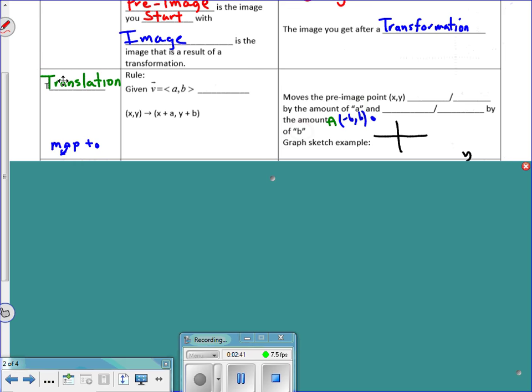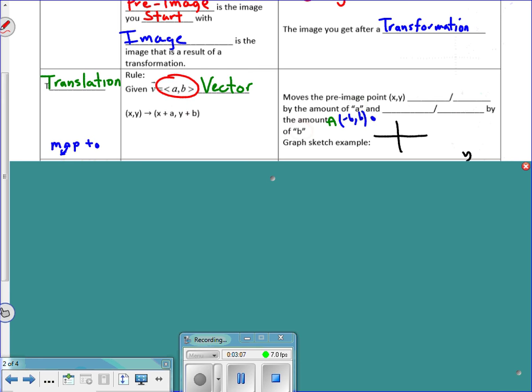Translation. So basically, this thing here is called a vector. You're going to be given a lowercase letter with an arrow over it, and then you'll be given what looks like a point, but if you take a closer look, you'll see it has carets on the end versus the soft brackets a point would have. This right here is giving the information about how you're going to move an object about the coordinate plane.